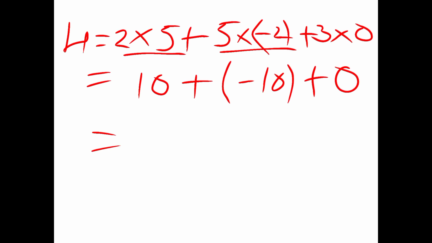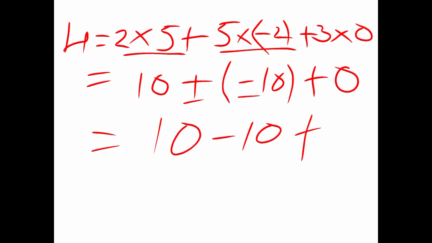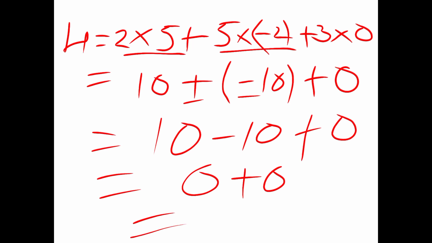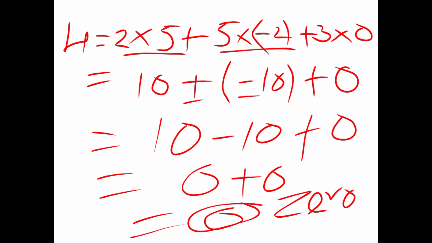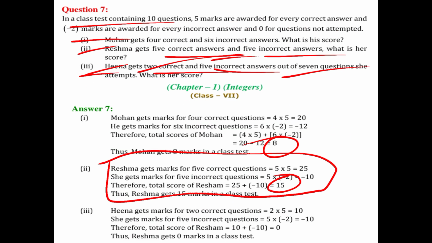So 10 is plus, 10 is minus, signs are different, so minus 10 plus 0 is equal to 0. So Hina's final score is 0. This is about the first question.